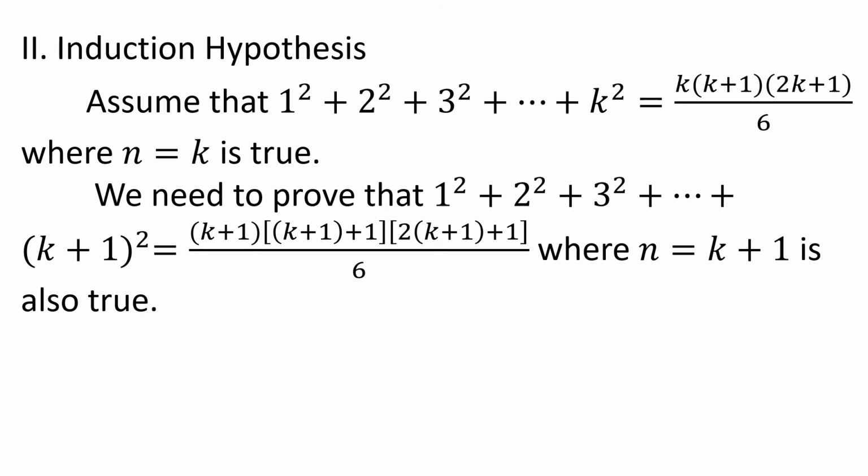Next, by using the induction hypothesis, assume that 1 squared plus 2 squared plus 3 squared plus up to k squared is equal to k times the quantity k plus 1 times 2k plus 1 over 6 where n equals k is true. So, ginhimo talande, we just only substitute k to our n sa aton giginang formula. So, by the second condition sa aton nga principle of mathematical induction, which is making k true.